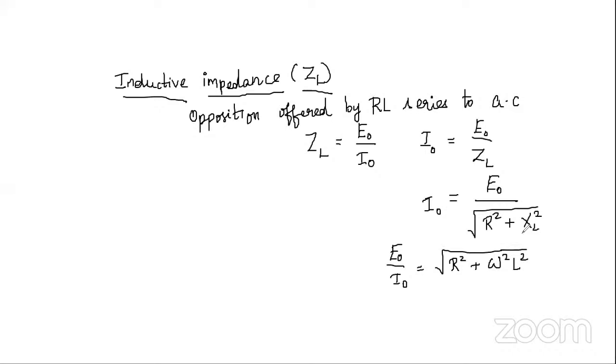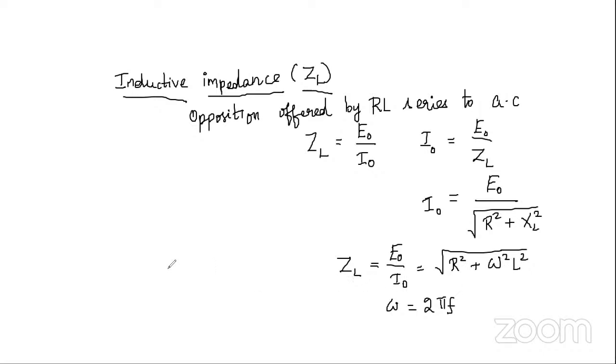Here this is called Z suffix L, inductive impedance. We know very well omega equal to 2 pi into F. So here instead of omega you should substitute 2 pi F. That means when you square it you will be getting 4 pi squared F square.